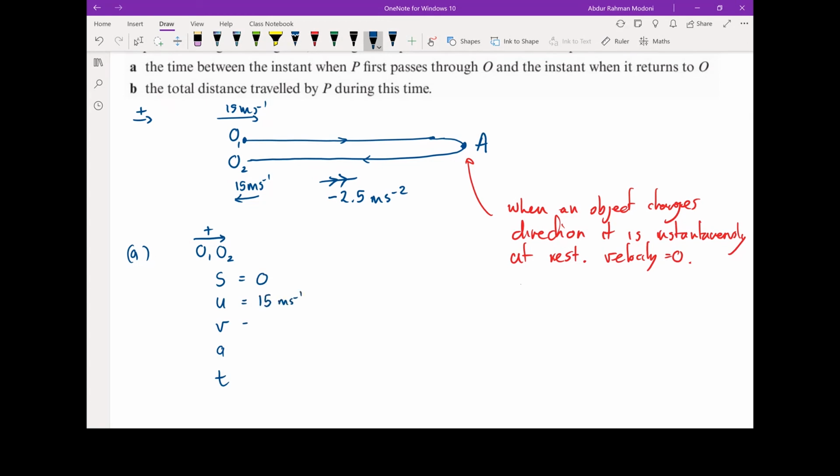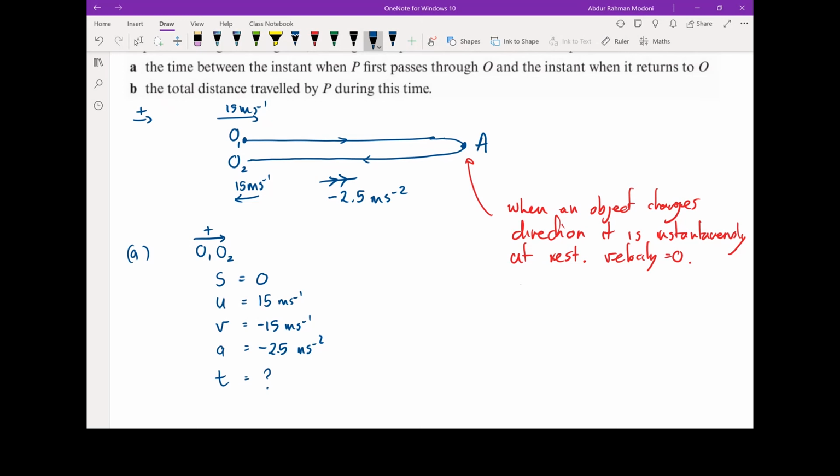What is the final velocity? It's minus 15 since we're taking right as positive. What is the acceleration? It's minus 2.5 meters per second squared since we are taking right as positive. And we were asked to find out what the time is. So I need an equation involving time and 3 of the other variables.